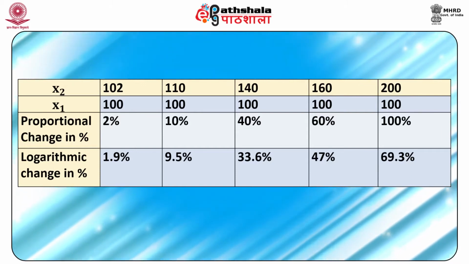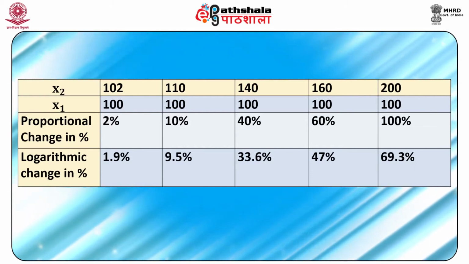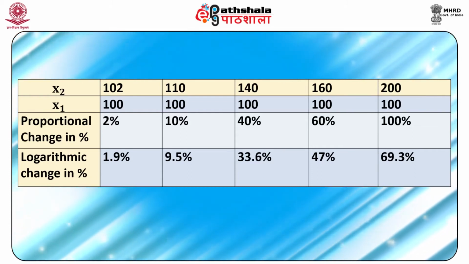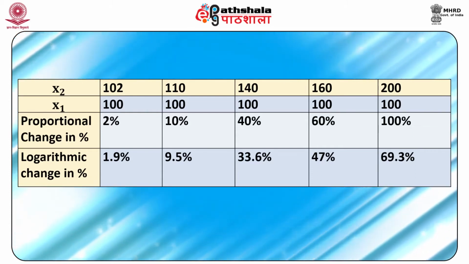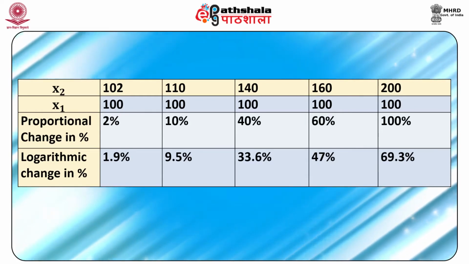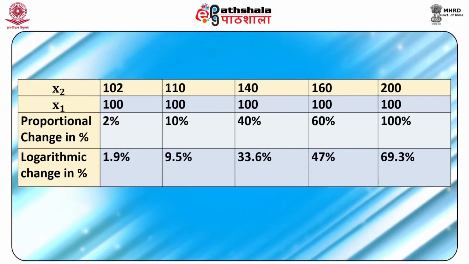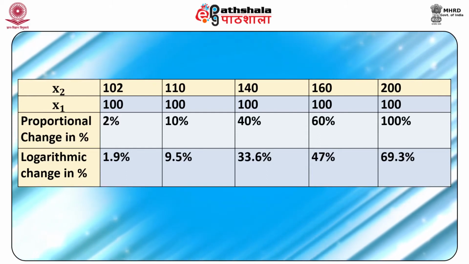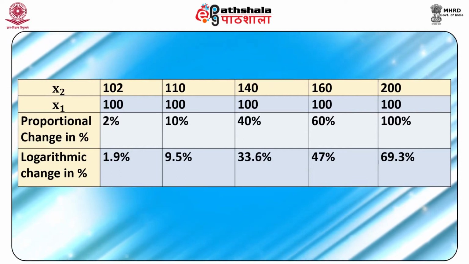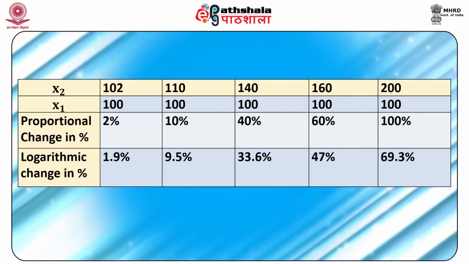Whereas, if you measure the logarithmic change in percentage, you will find that it is equal to only 1.9%, 9.5%, 33.6%, 47% and 69.3%. When the change is small, proportional change and log change are almost equal. But as the change gets larger, the difference between them widens.